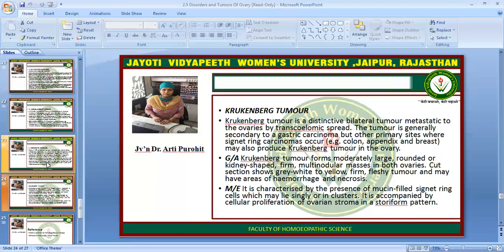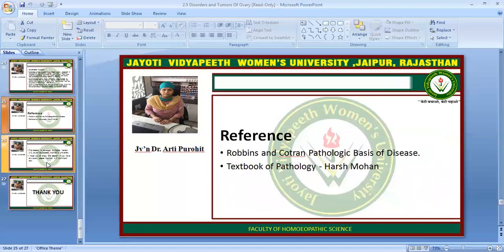On general appearance of Krukenberg tumor, there is a moderately large, rounded, kidney-shaped, multinodular mass in both ovaries. The cut section shows a gray-white to yellow, firm fleshy tumor, and may show hemorrhage and necrosis. In microscopic examination, there are mucin-filled signet ring cells in clusters, accompanied by cellular proliferation of ovarian stroma in a storiform pattern.